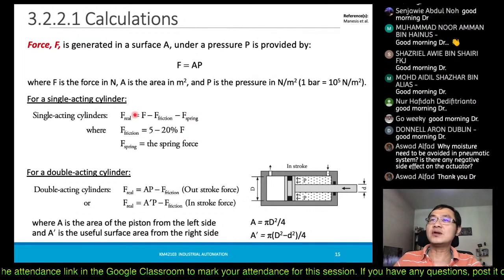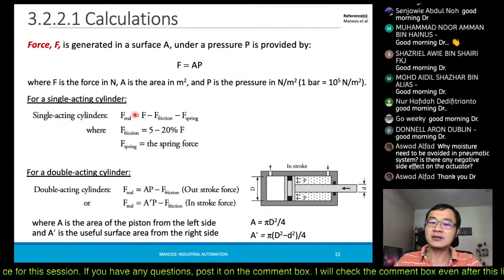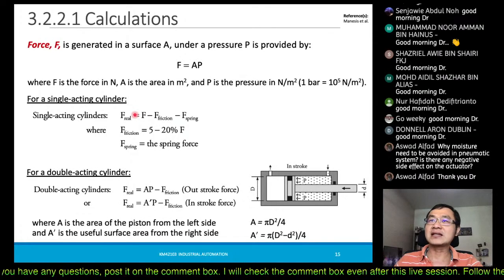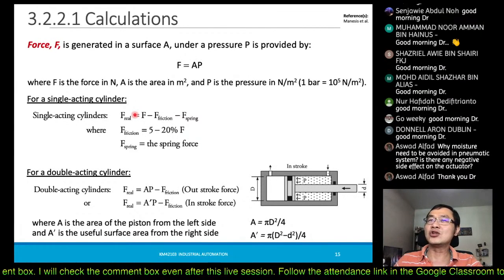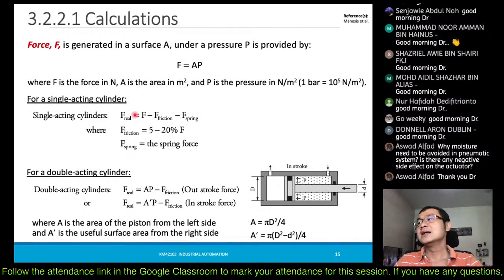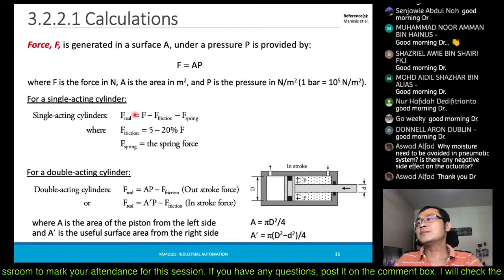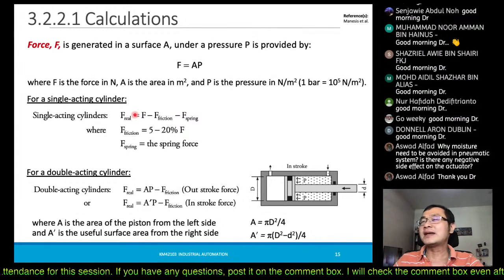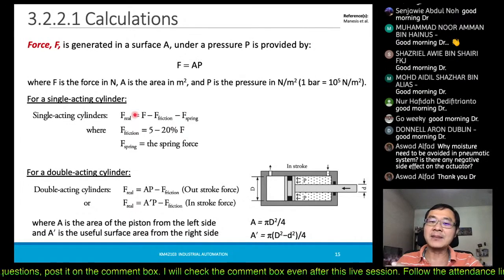It's very straightforward. The power being delivered mainly depends on the pressure that you supply. So in order to select the proper cylinder, you must first know the force required by your system in order to complete the task. Second, whether your cylinder itself can sustain that amount of pressure.